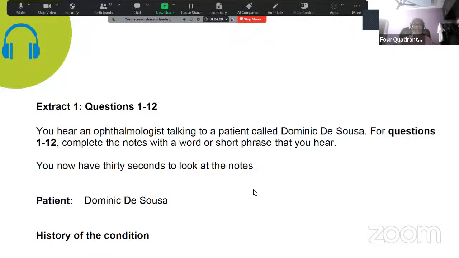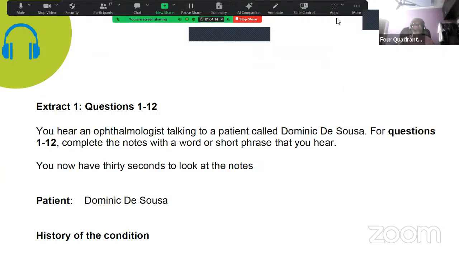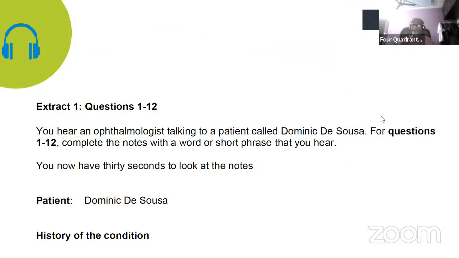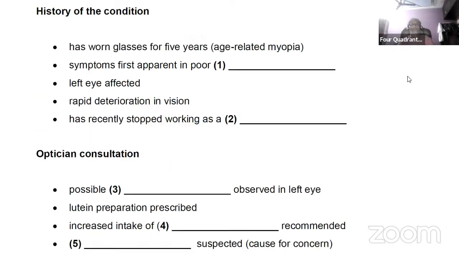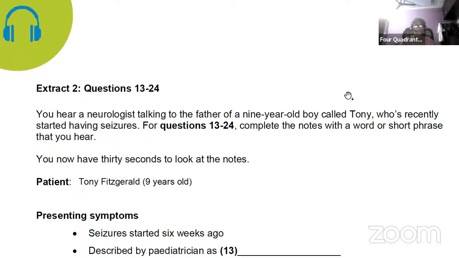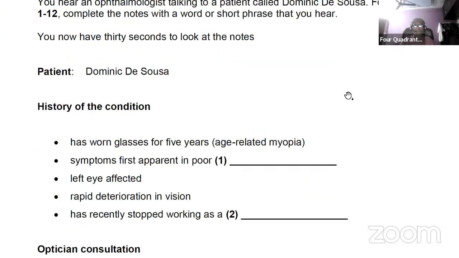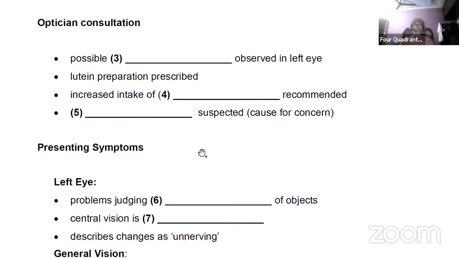So Dominic de Sousa, yeah, has worn glasses for 5 years and left eye.